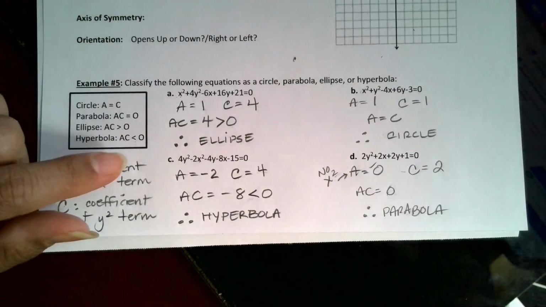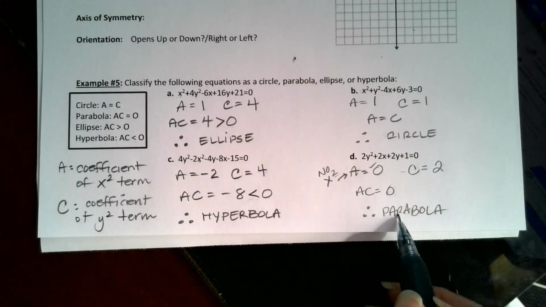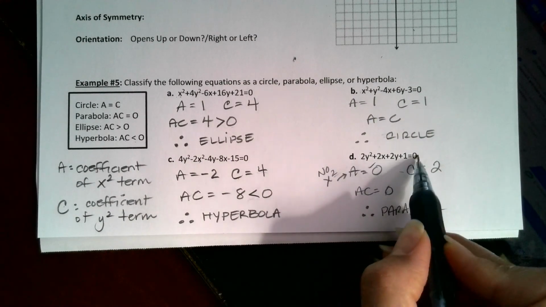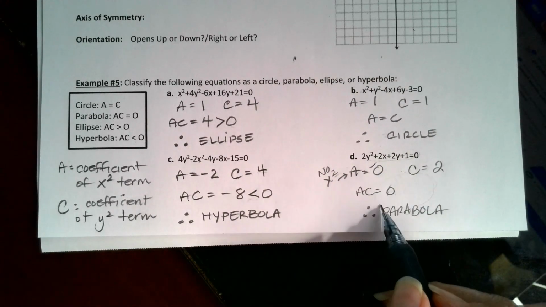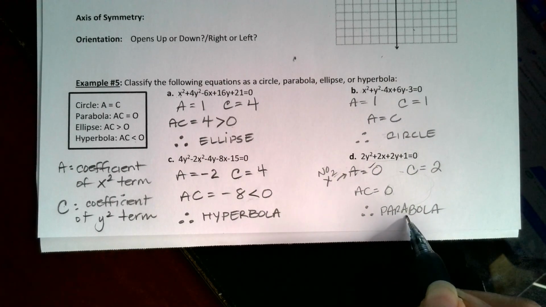So if you notice that there is one squared term, you don't have to do all of this. If you know your definition of parabola, it's already going to be shown clearly to you.